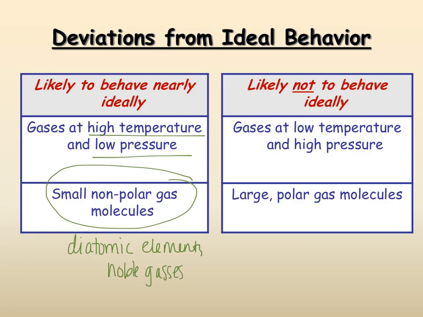Gases at low temperature and high pressure, or large polar gas molecules, are going to be ones that behave very non-ideally. Molecules like water, which is polar, or pretty much anything with an OH group. And again, it doesn't mean we can't use these relationships with these types of gases. It just means that inherently we will have more error if we use them.